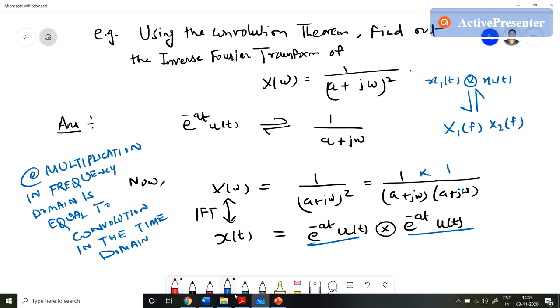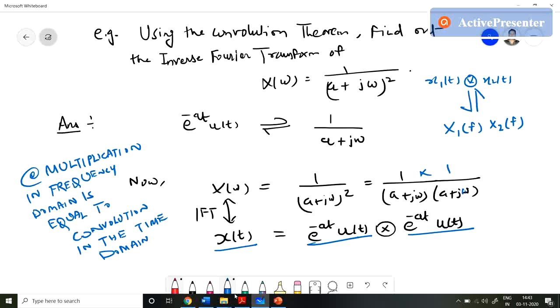So if we find out the inverse Fourier transform, these two signals are convolved in time domain. So xt is equal to e raised to the power minus at into ut, convolution with e raised to the power minus at into ut.